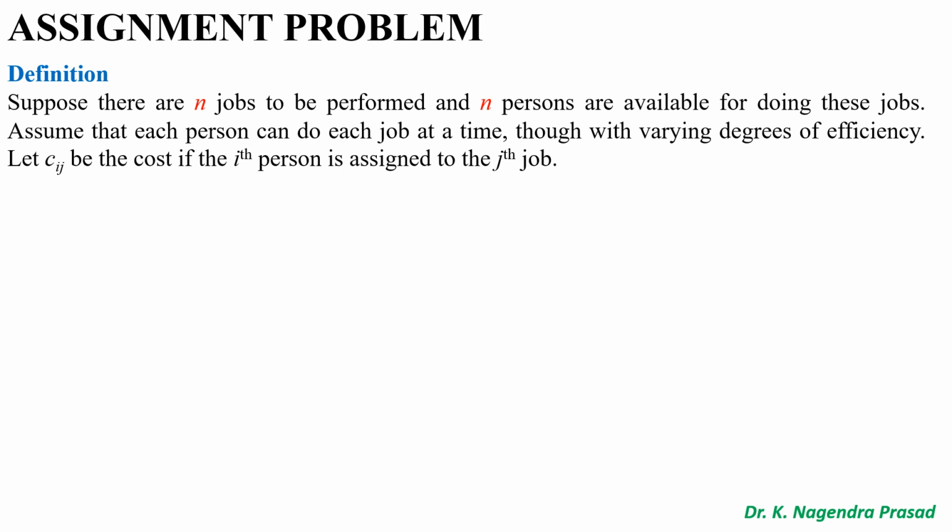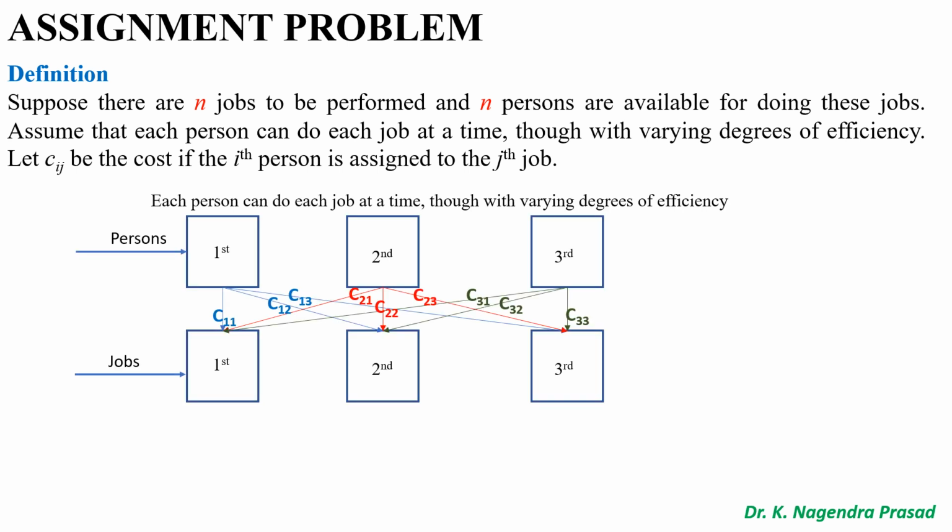Let's see the example. Here 3 jobs are to be performed by 3 persons, and consider each person can do each job at a time with varying degrees of efficiency. Let C11 be the cost of the first person for the first job, C12 the cost of the first person for the second job, and C13 the cost of the first person for the third job.